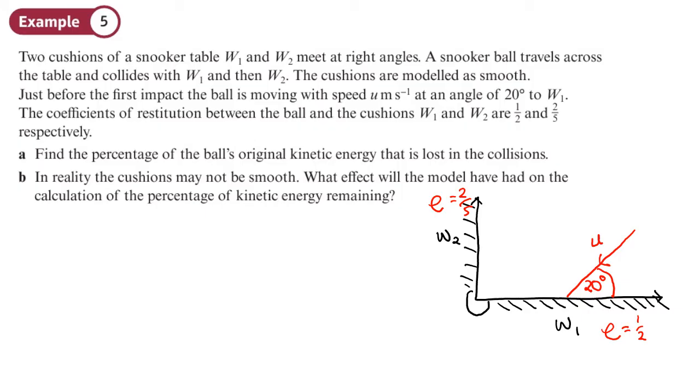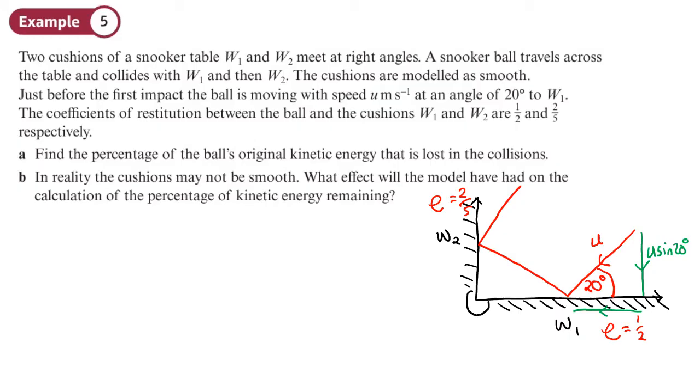So what's going to happen is this is going to collide, and then go off something like that. So let's now put in all the components of these different speeds here. So we have u sine 20 here.